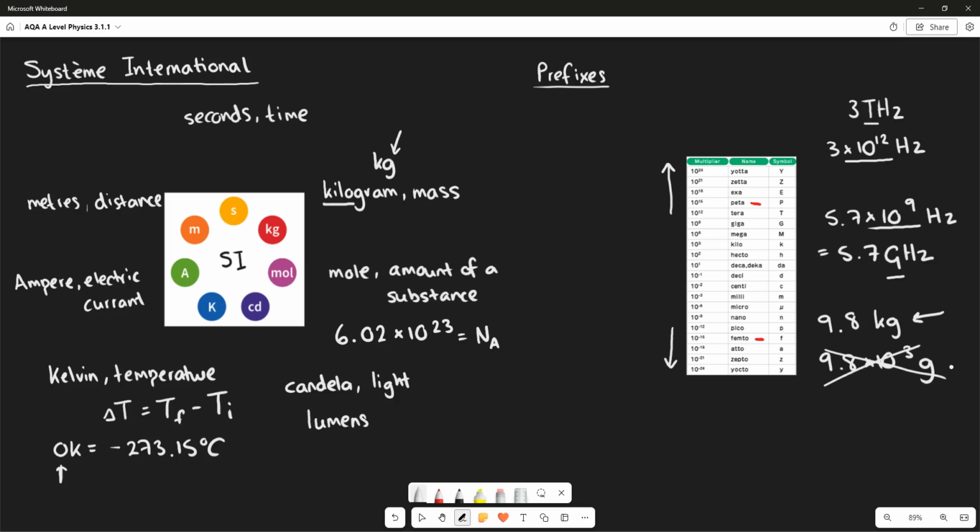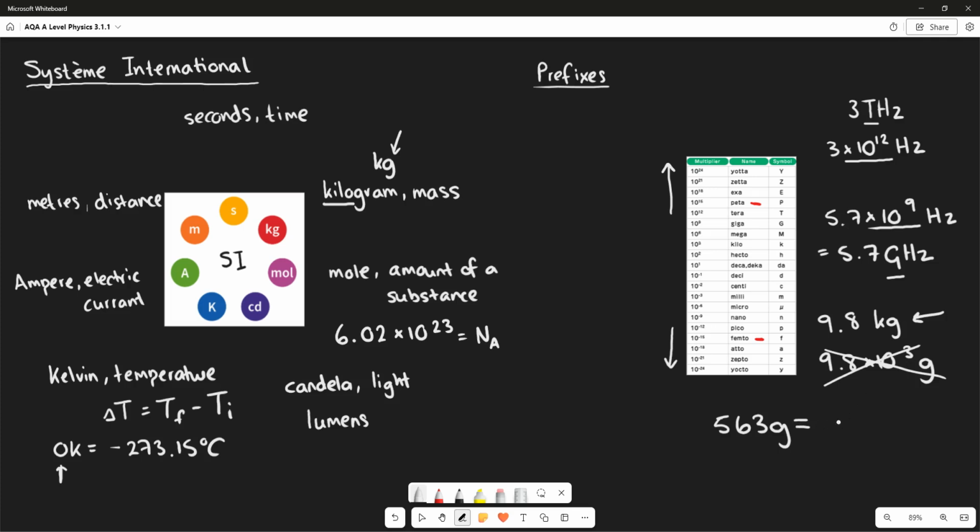If you only have the grams, if, for example, you are given 563 grams, well, we're missing the prefix and we need to put it back in. Now, to go from kilograms to grams, we would put times 10 to the power of 3. To go the other way, we would use times 10 to the minus 3.